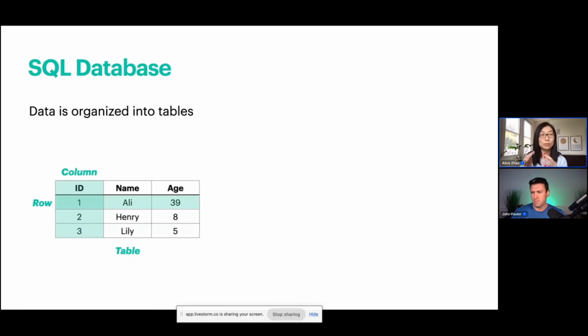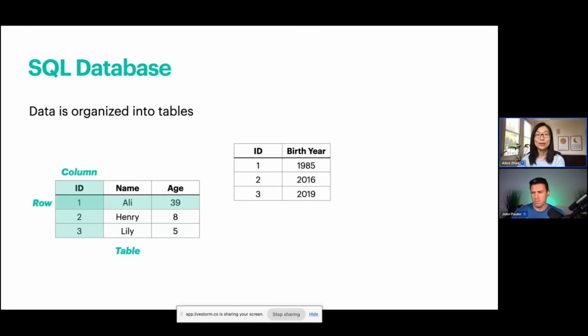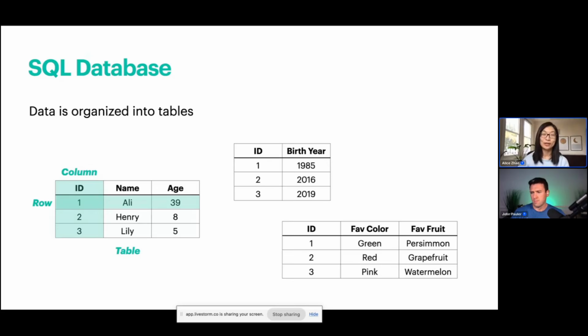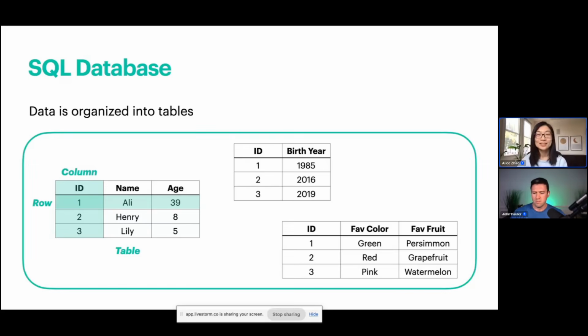This is one table, but in a SQL database, data is organized into many tables. So here's one table, here's my other table, and here's my other table. You can see that all these tables have this column called ID in common. And this whole thing here would be called my SQL database, because my data is all organized into these tables.